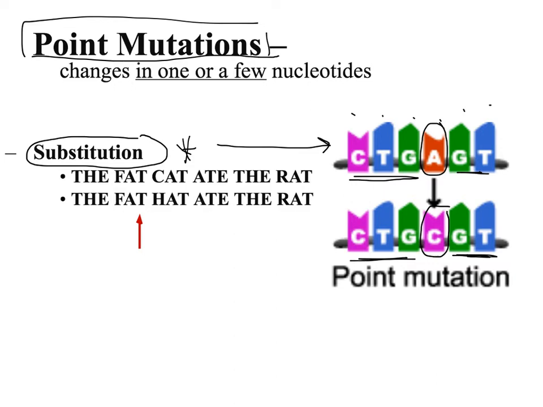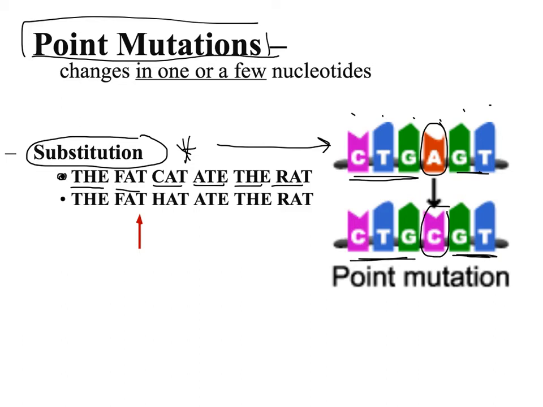Now, what's the effect on this organism? Well, let's take a look at our reading frame over here. Remember, we don't look at every single letter. We read in triplets or codons. We read that genetic message in triplets.